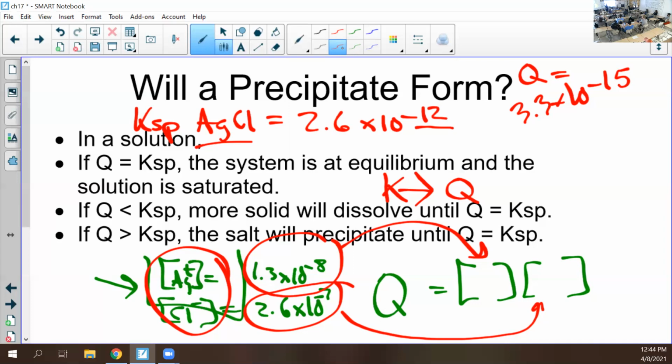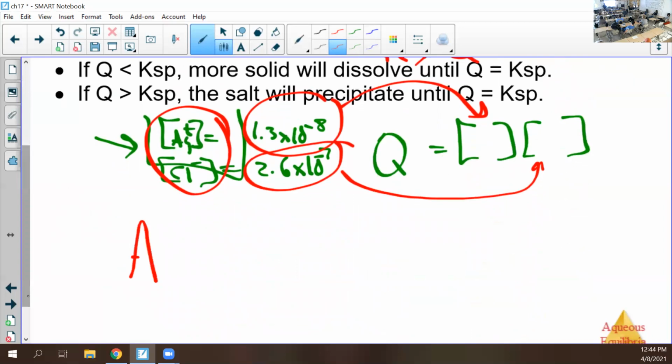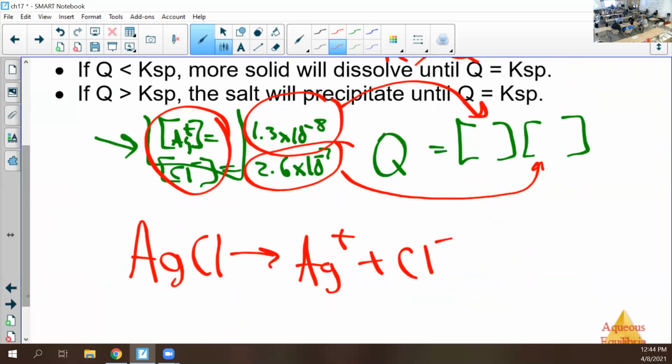So AgCl is then combined and then that's separated? Yeah, this is terrible because I never wrote it out. The problem would give you the equation, it would give you the KSP, which is whatever number I made up there, and it would tell you what was in the beaker.